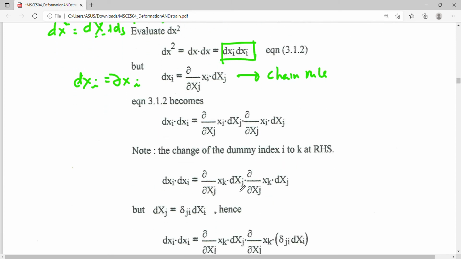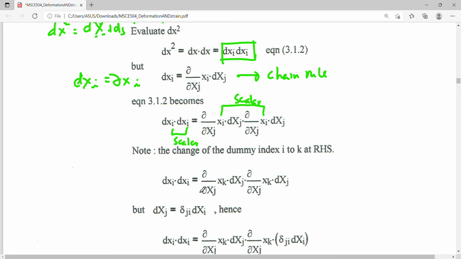Note that the change of the dummy index in i to k at the right hand side to avoid confusion. No? So I just change the i's to k's, so it doesn't change anything, because this is a summation. It can contract into a scalar, okay, a value. Okay, so there's no restriction at whatever index I use here. So this will also be a scalar value here.